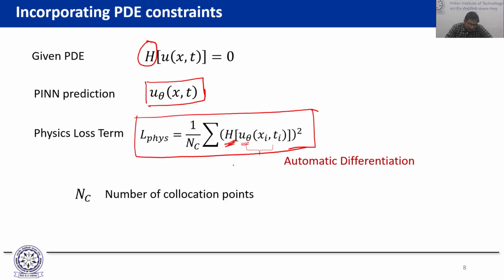Now as we minimize the loss function, essentially what we are trying to do is keep two things in mind. The first thing is we want to have zero loss, or at least as close to zero as possible, at the collocation points.